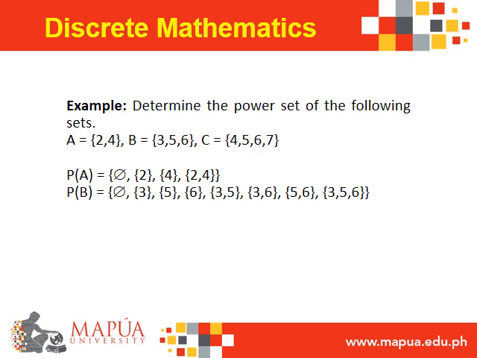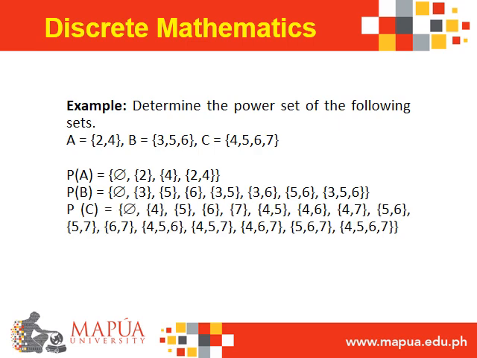Therefore, we expect on set C that there would be 16 subsets possible, which includes the null or empty set, a set containing only 4, only 5, only 6, only 7, a combination of 4 and 5, 4 and 6, 4 and 7, 5 and 6, 5 and 7, 6 and 7, a set containing the combination 4, 5, and 6, 4, 5, 7, 4, 6, 7, 5, 6, 7, and finally a set containing 4, 5, 6, and 7.